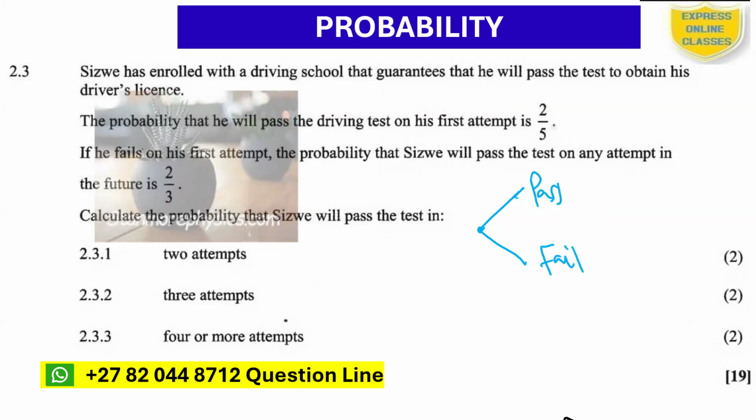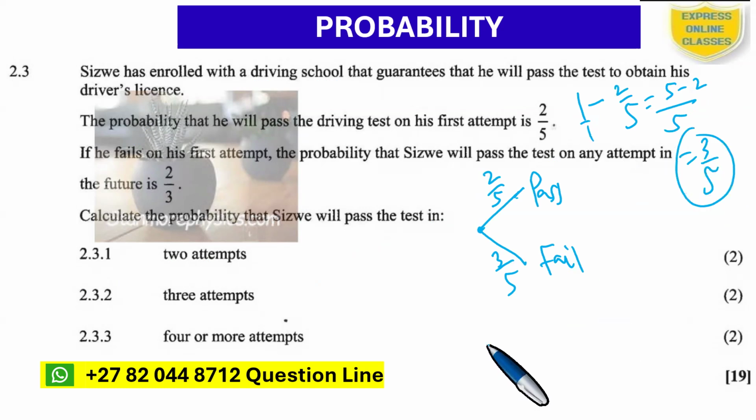The probability of a pass is 2 out of 5, and the probability of a fail is 1 minus 2 out of 5. Taking the LCD, 5 minus 2 gives us 3 out of 5. So the probability of a fail is 3 out of 5.